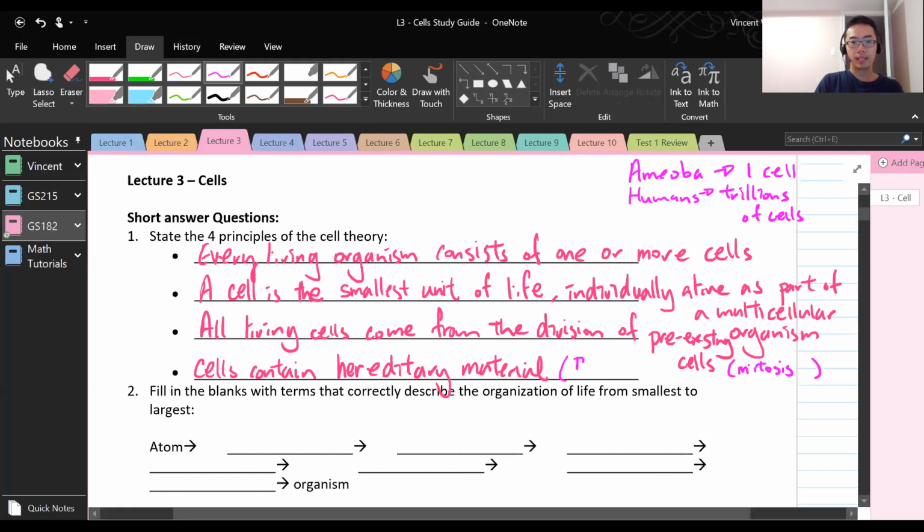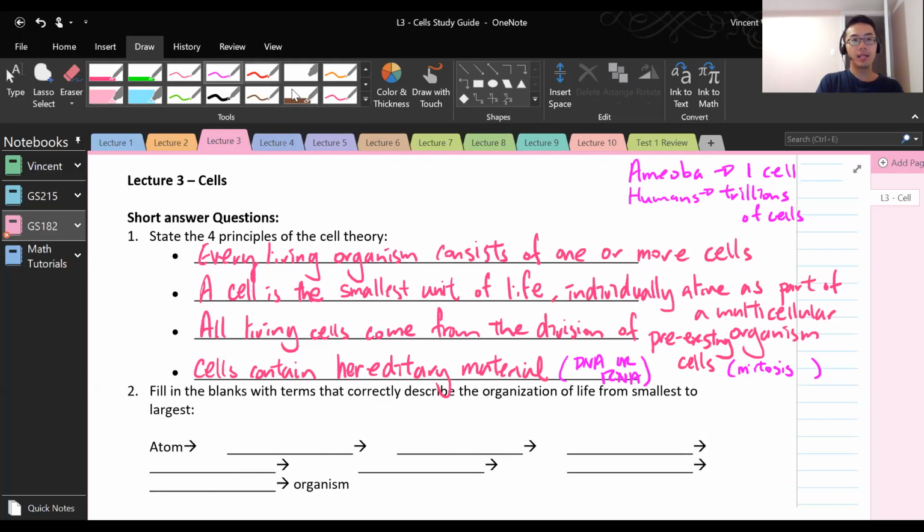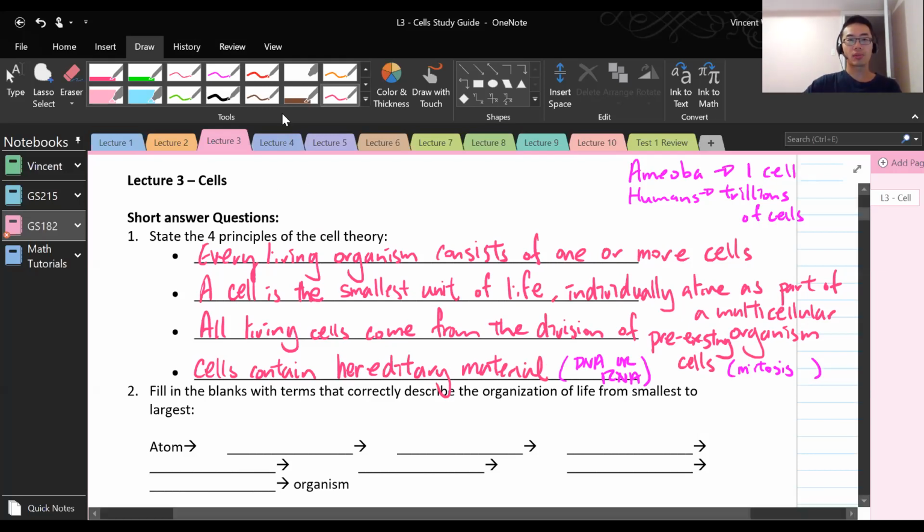It could be DNA or RNA in some cases. But what's important is that this hereditary material will be able to get passed on to the next generation as the cell divides. So these are the four principles of the so-called cell theory.